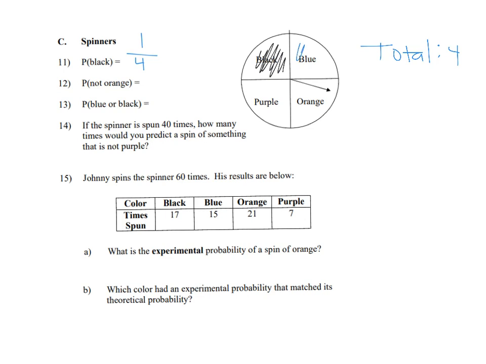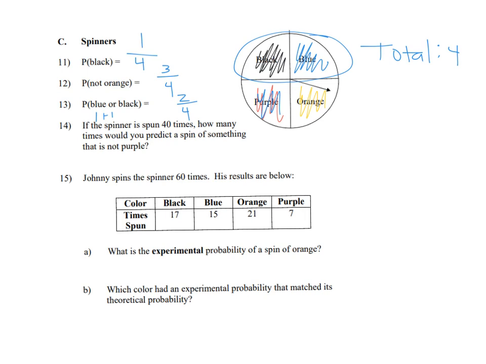Oh, I don't have blue, orange, and I'll do red since I don't have purple. Here, we'll do that. All right. Not orange. How many are not orange? Well, 3 out of 4 of them. Probability of blue or black. Well, there's 2 regions out of 4. Remember, we add 1 plus 1.